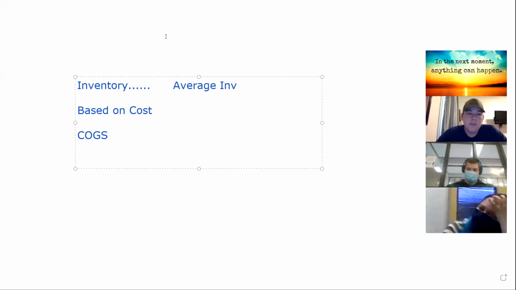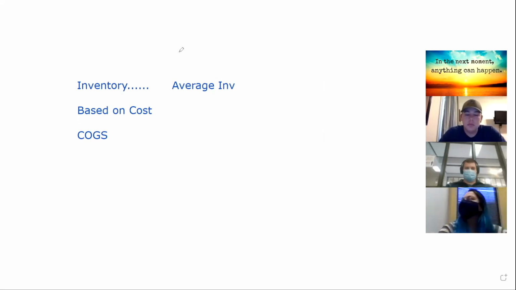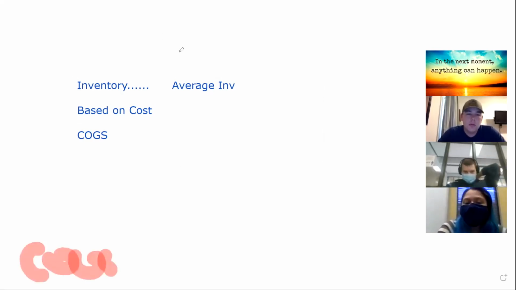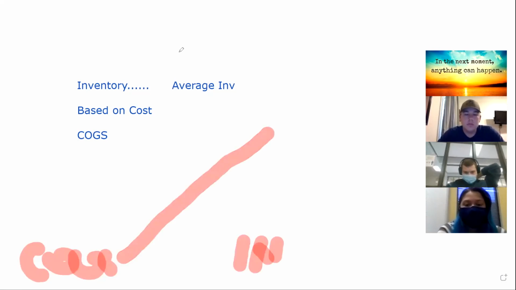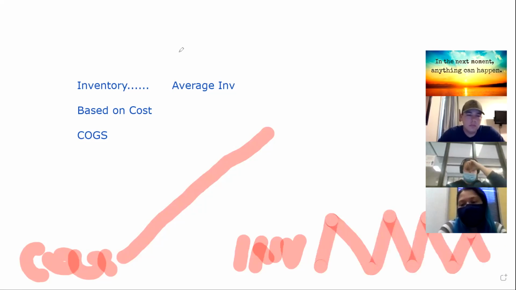All right, excellent. So if you think about it, which is a bigger number? Cost of goods sold keeps going up, but inventory goes up, goes down, goes up, goes down, goes up, goes down. And technically, cost of goods sold is almost always, never say never, don't always say always, higher than inventory.